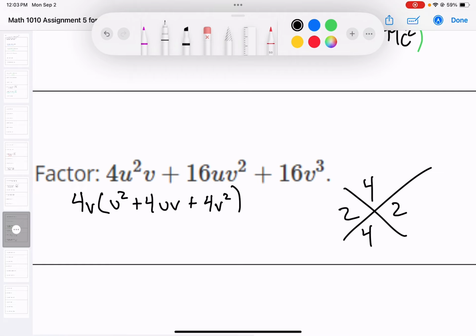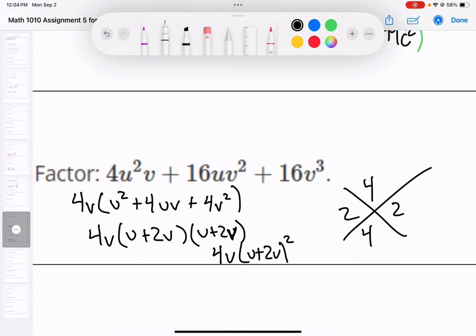So that's 2 and 2. So 4v and then u plus 2v and then u plus 2v. And we could rewrite this as 4v and then u plus 2v squared because they're the same.